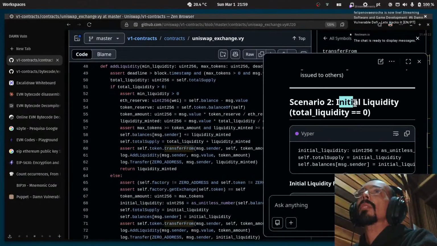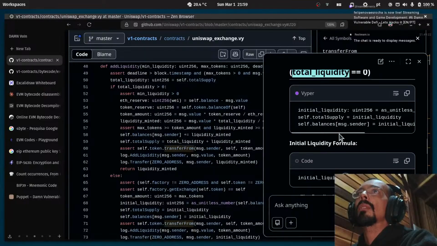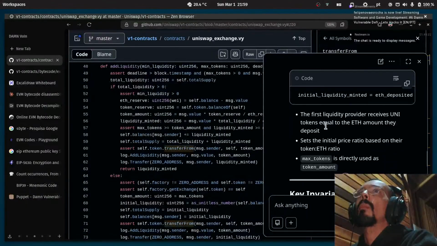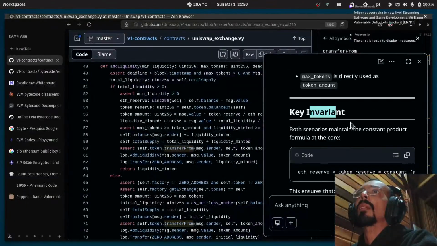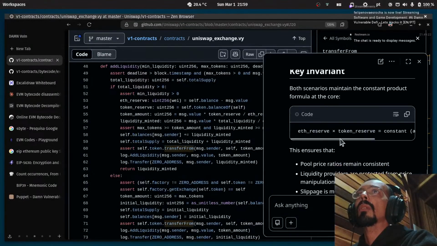So here, the first scenario, the total liquidity is 0. The key invariant: both scenarios maintain the constant product formula at the core. Yeah, that should be constant. So ETH reserve times token reserve.